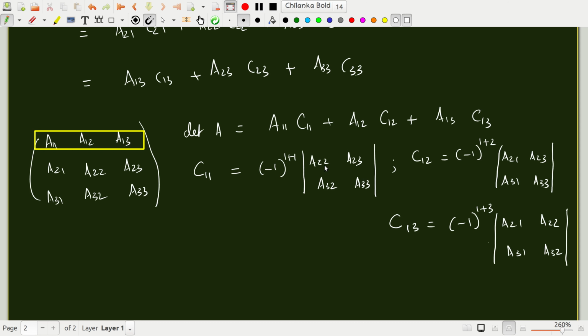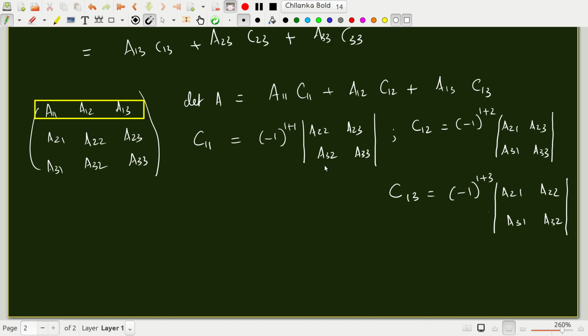Well, let's show this with an example. So, consider A12, A13, A32, for example, A33. Suppose I am interested in this determinant.